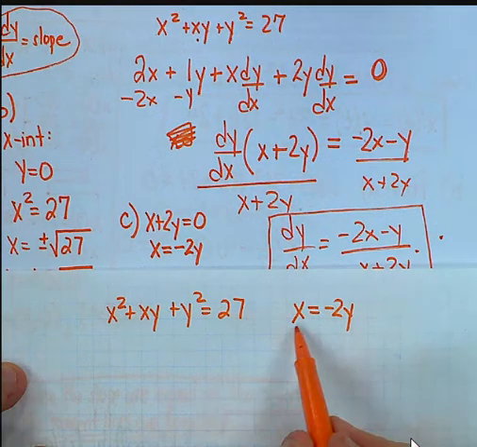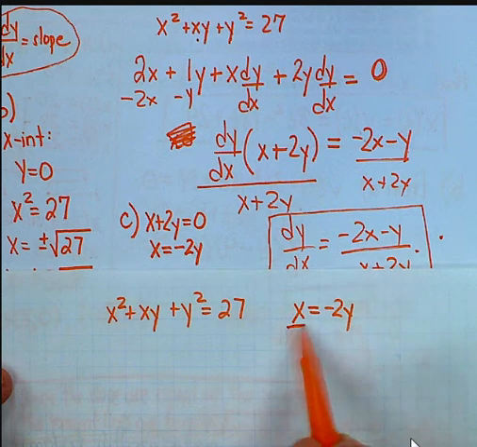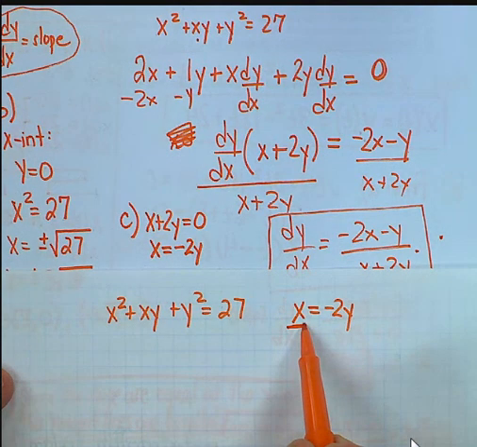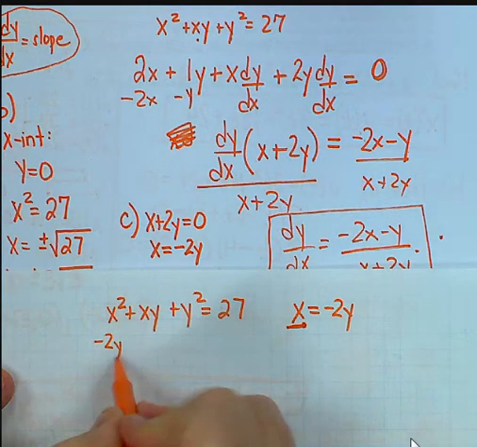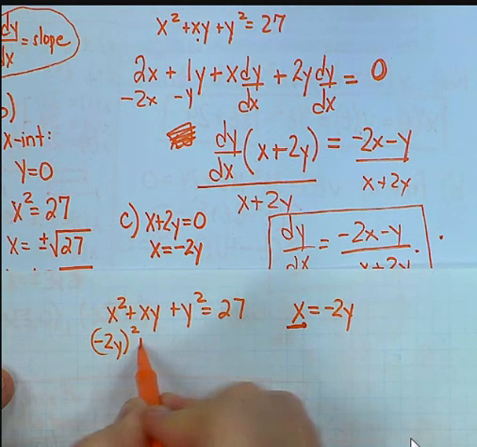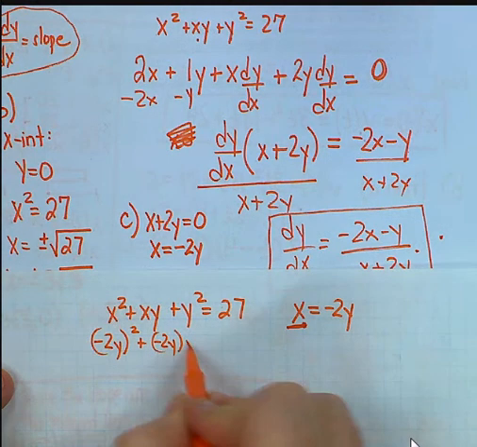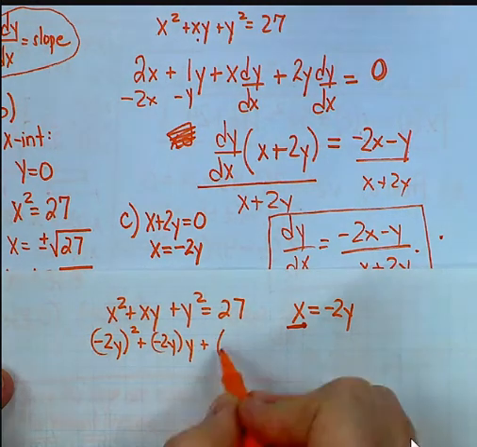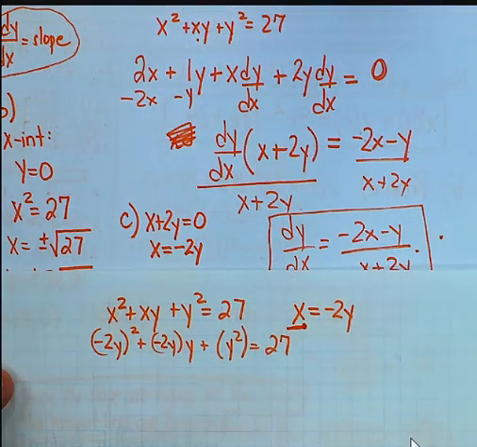So can I now substitute? Yeah. So I know the value of x. So what am I going to put in its place? All right, so negative 2y squared plus x, which is negative 2y, times y plus y squared has to equal 27.